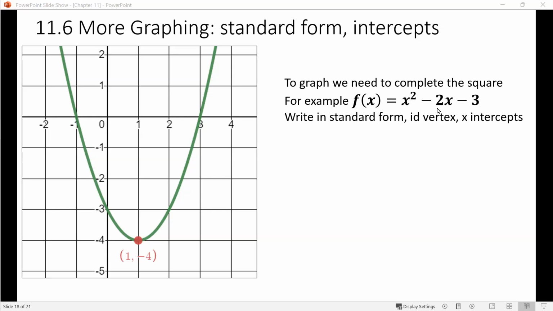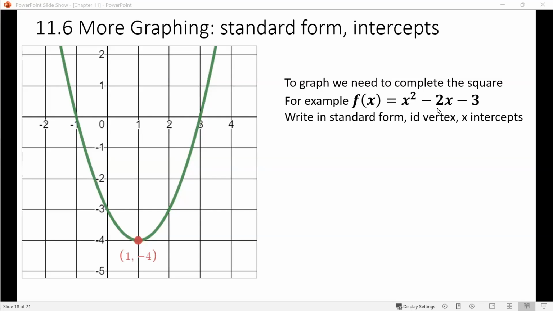So the trick is we are going to rewrite this in our general form so that we can see the vertex. And then after we have identified the vertex, we're actually going to set it equal to 0 and solve this equation so that we can identify the x-intercepts as well.